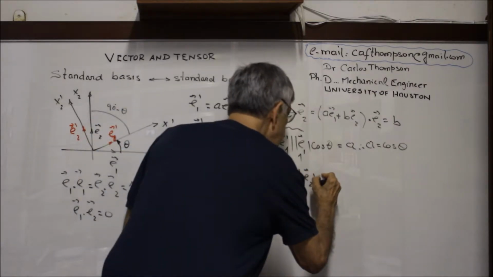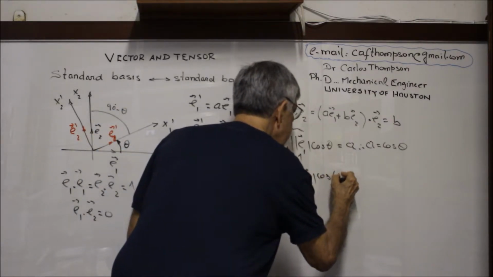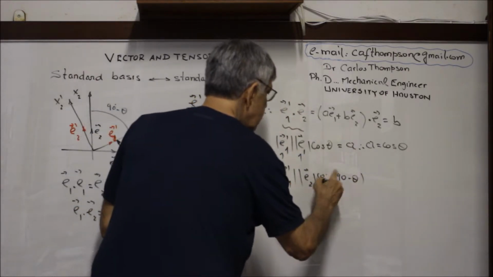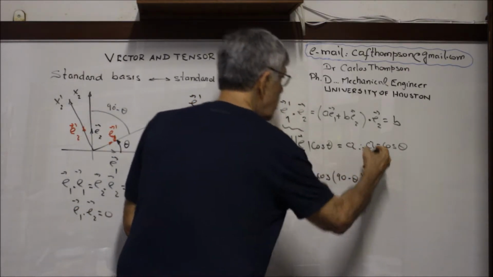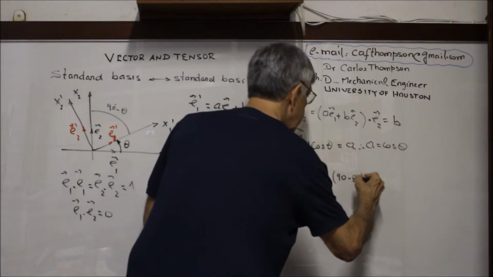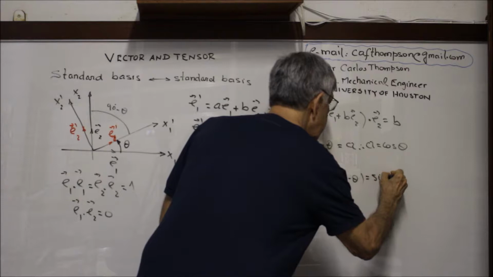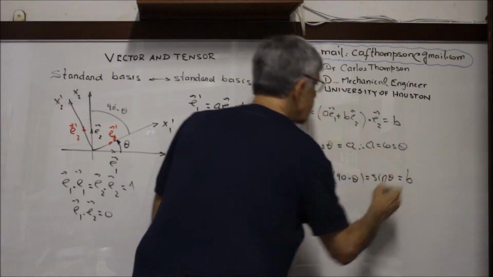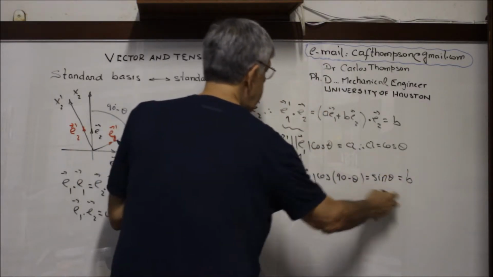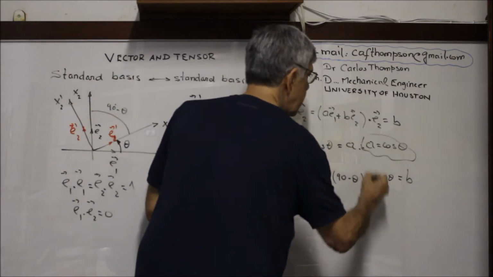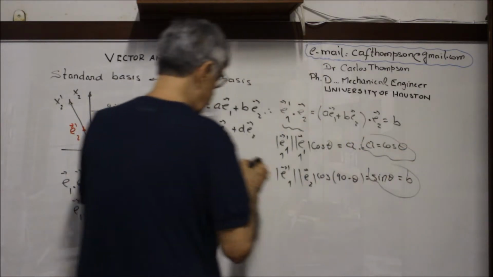This is equal to B, so sine of theta is equal to B. Now I have B and A: A is cosine of theta and B is sine of theta.